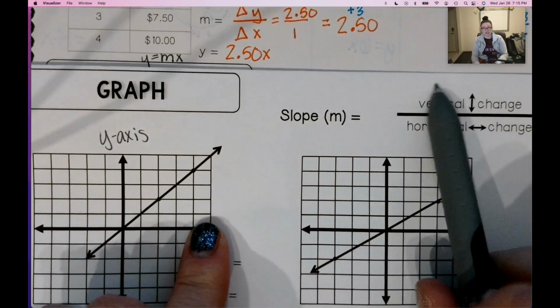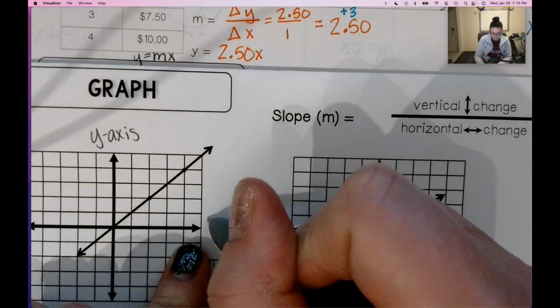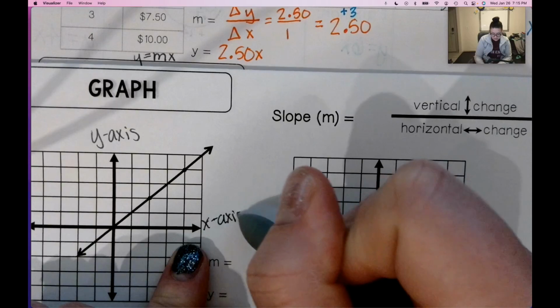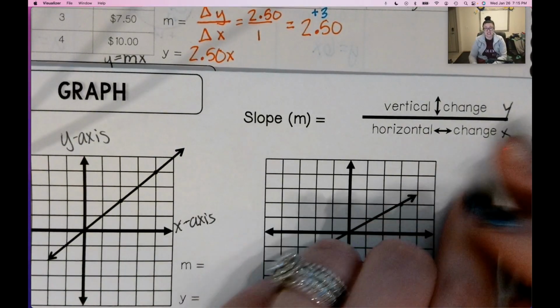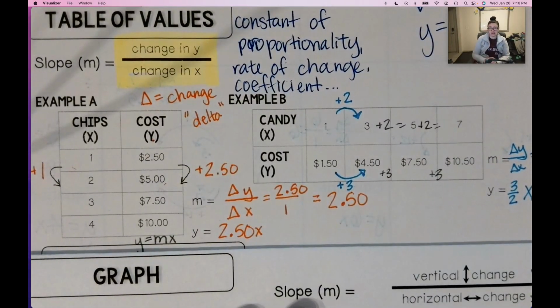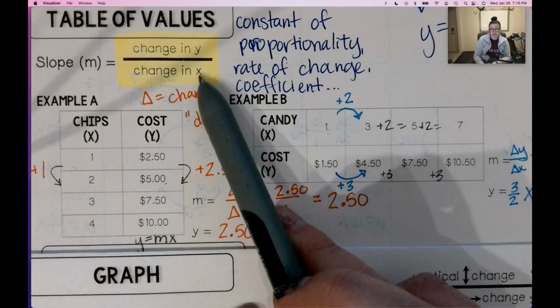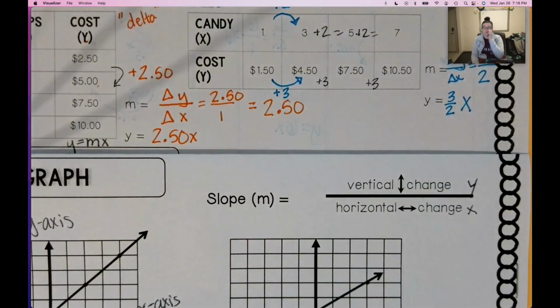Your horizontal axis is your x-axis. So it's the change in your y over the change in your x. It's the exact same thing that you were doing in your table, but now it's on a graph.